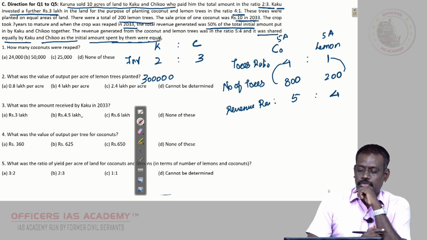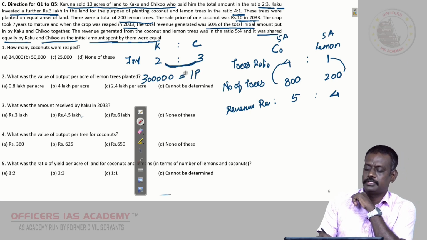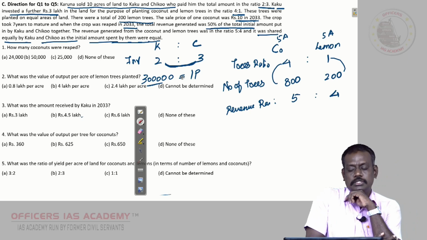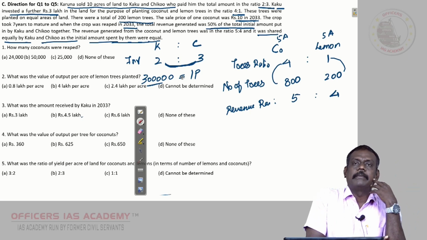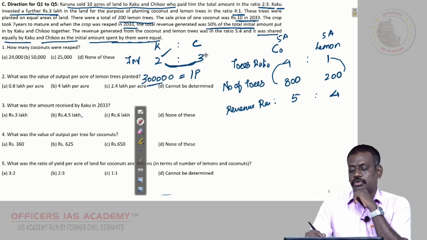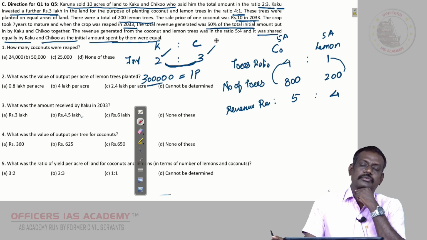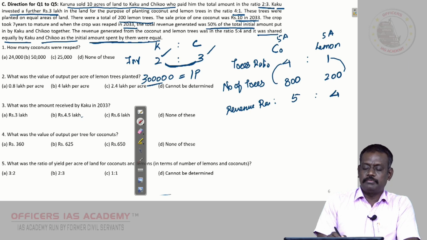Okay, so here if you see the difference between these two, it is 1 part. This 1 part is nothing but this 3 lakh rupees. Why is Kaku investing 3 lakh rupees additionally? Because while buying the land, he has invested only 2 parts. Chikku has invested 3 parts. So in order to make it equal, because the amount spent by them were equal, right?